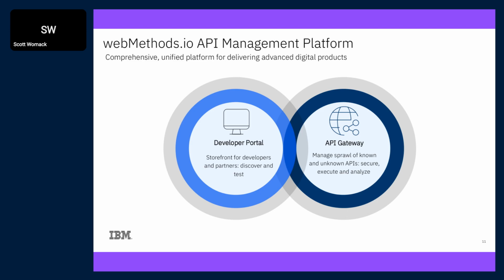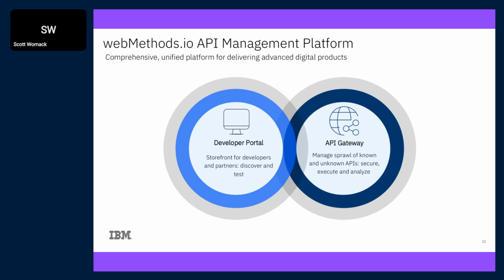The APIs they're looking for can be APIs that are running in your own API gateway or APIs that are running in any of the different API gateways you may work with within your organization. They could come from an API marketplace that you may be working with. So this is really just a storefront where you can bring in APIs from anywhere and control access, monitor them, get analytics on what kind of activity happened against them.